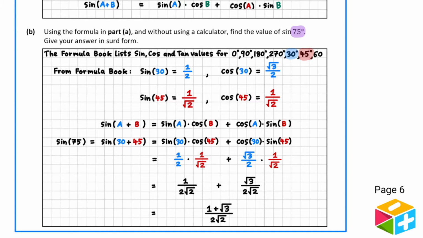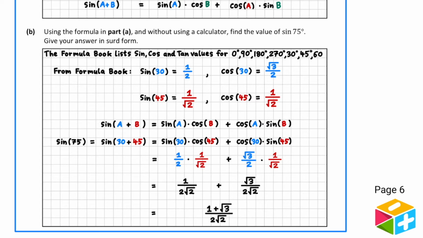The formula in part A said that sine of a plus b is equal to sine a cos b plus cos a sine b. Applying this statement with a equal to 30 and b equal to 45, we end up with sine 30 times cos of 45 plus cos of 30 times sine of 45.